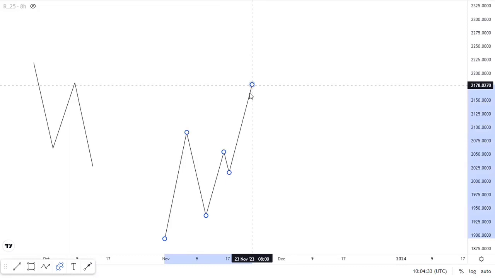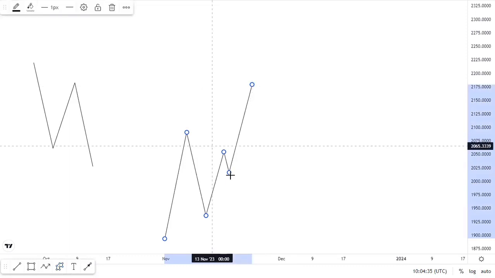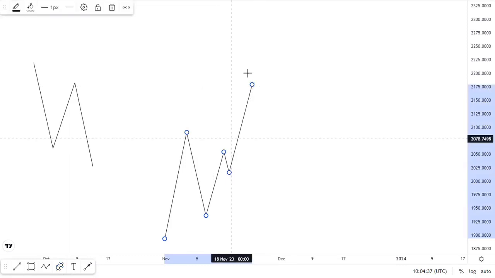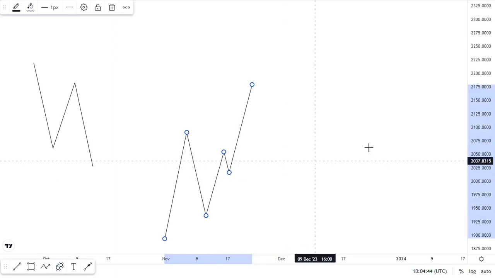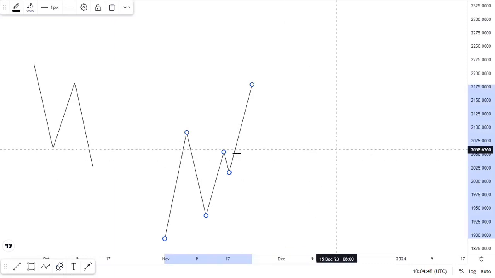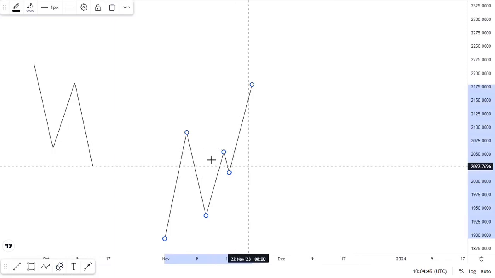You can see we have our rally, base, rally. This particular base is where you will notice that the market ranged in between. Markets will definitely range at this particular base.